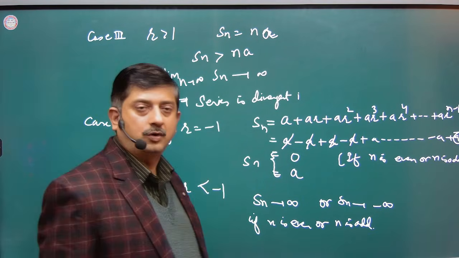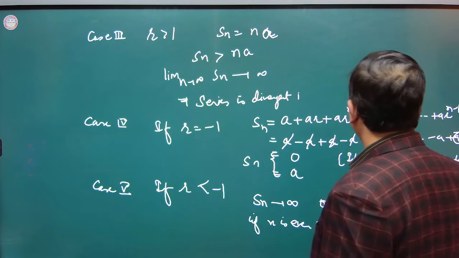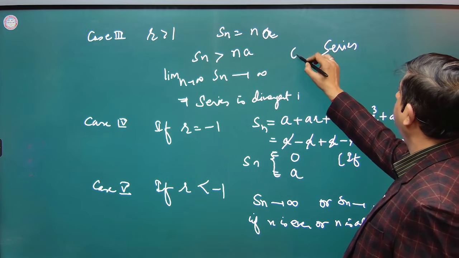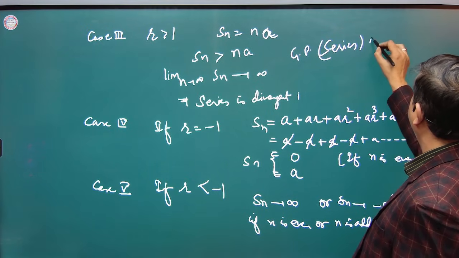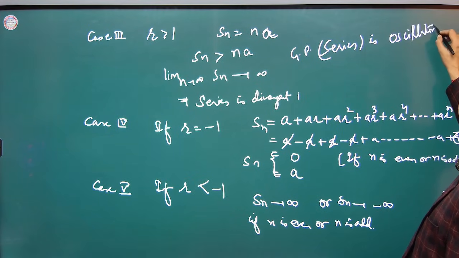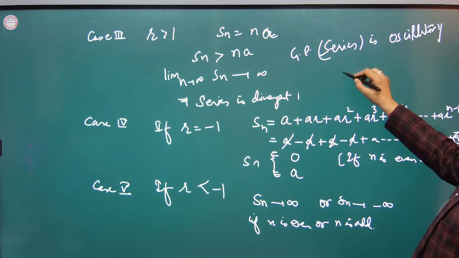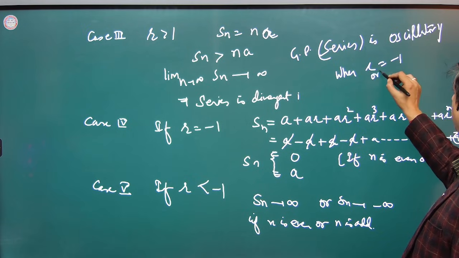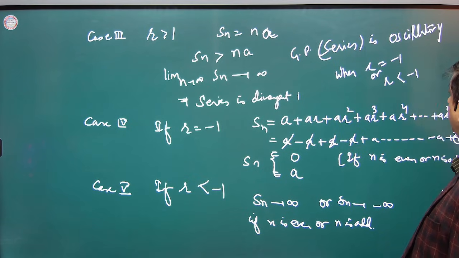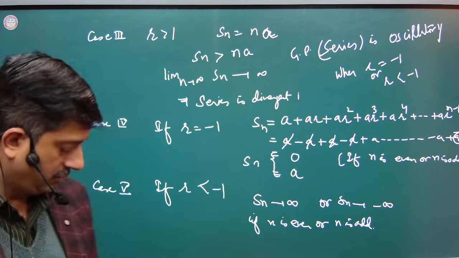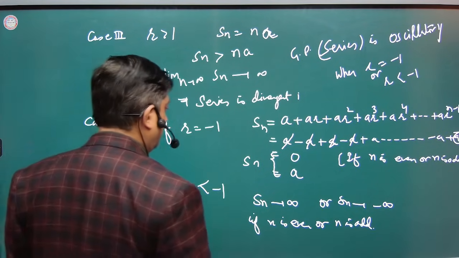The series is oscillatory. The GP is oscillatory because we have no fixed value when r equals minus 1 or r is less than minus 1. So this is the terminology of geometric series.